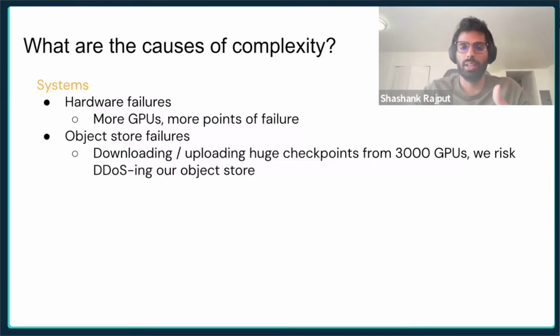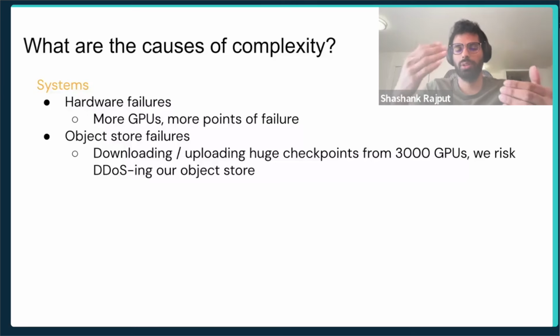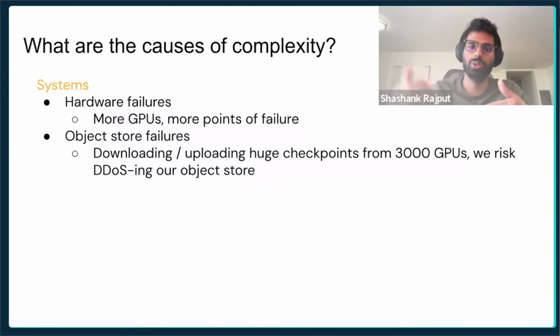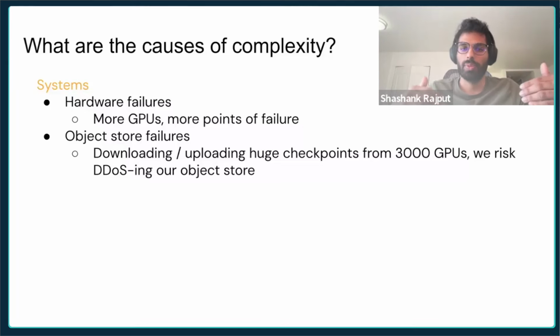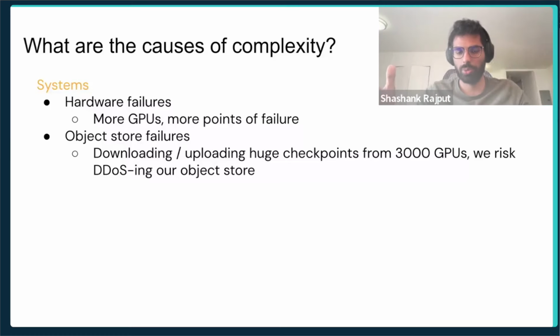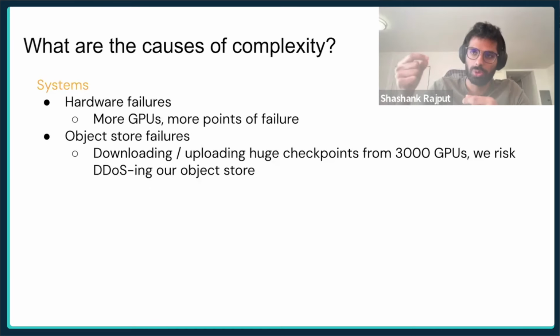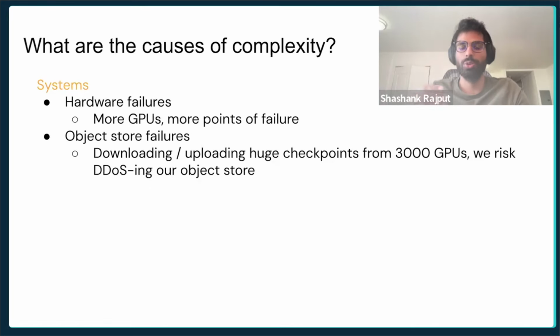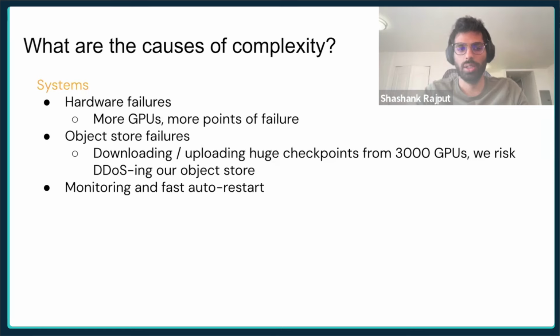While training a model, you regularly checkpoint it, and if the training run fails, then you need to download that checkpoint. When you're training a huge model, it has a huge checkpoint size. And if you're training it on 3000 GPUs, and each of those GPUs is sending download or upload requests to your object store, you can risk DDoSing your own object store. Your own object store can become overwhelmed by it.